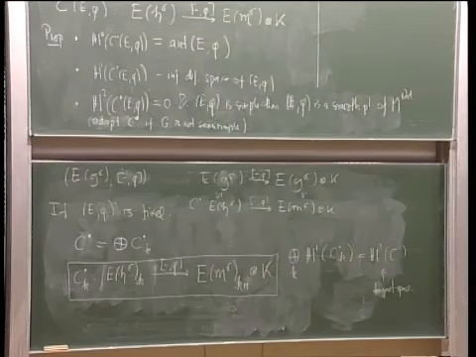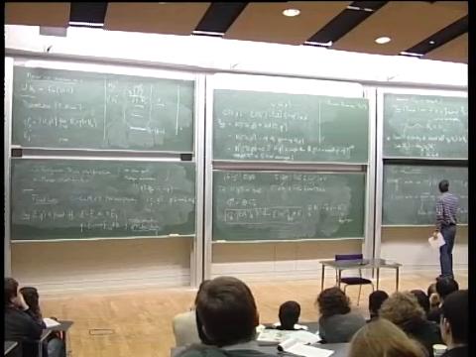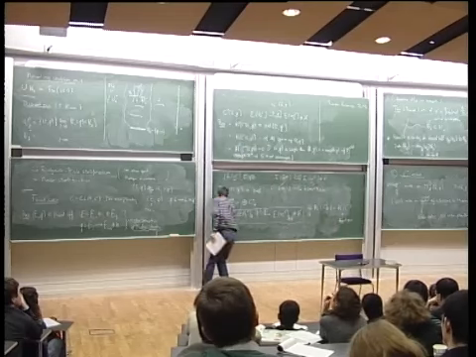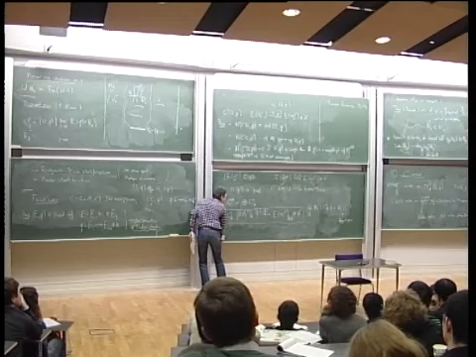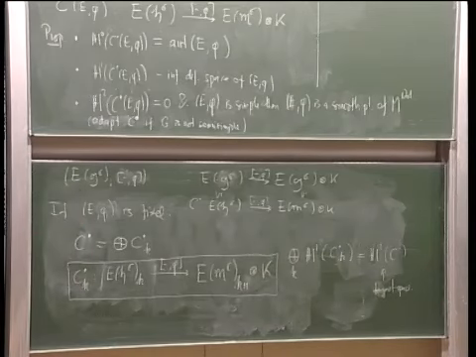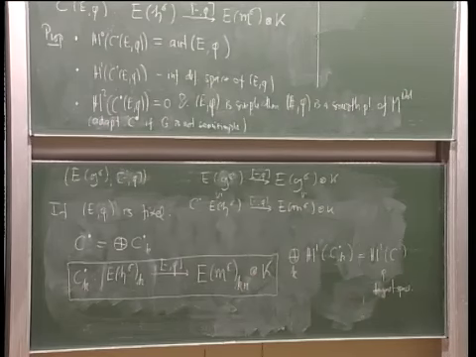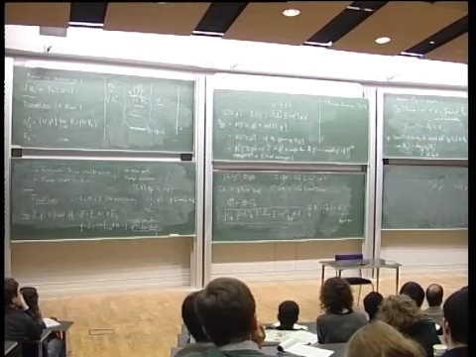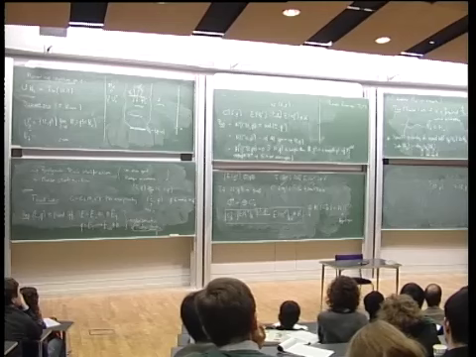Then you make a little calculation, and you see that the negative eigenspace for the Hessian corresponds exactly to the positive weight space, so the H1s with k positive. That's just a calculation you make.